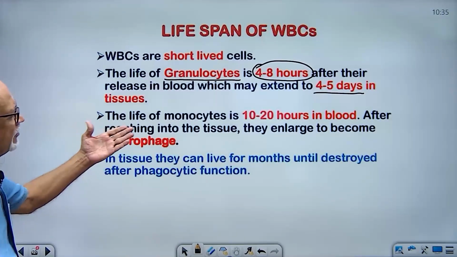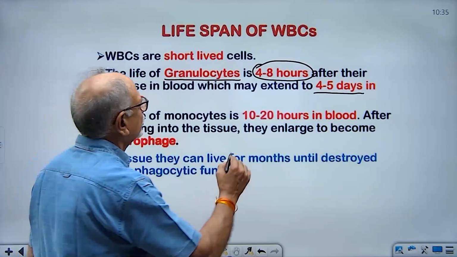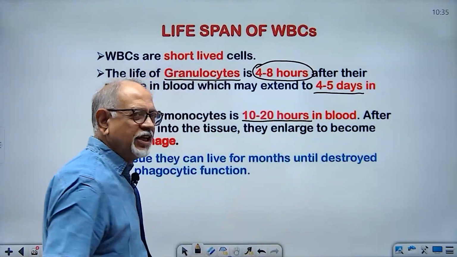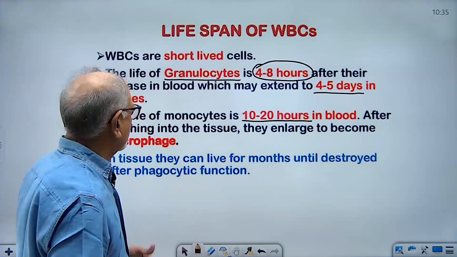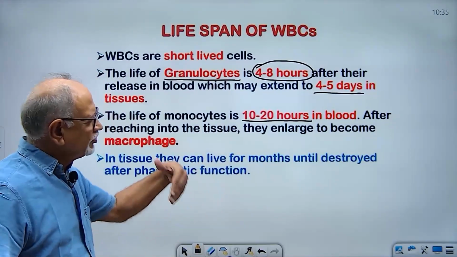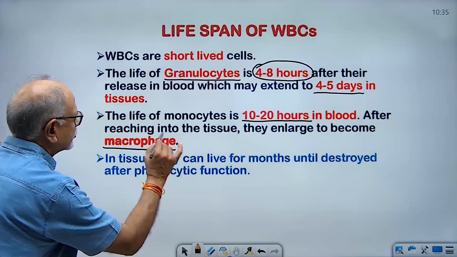Now, the lifespan of monocytes is a little more than granulocytes. It is about 10 to 20 hours in blood, but after reaching the tissue, they become larger and become macrophages.